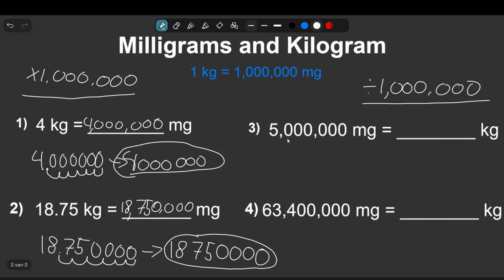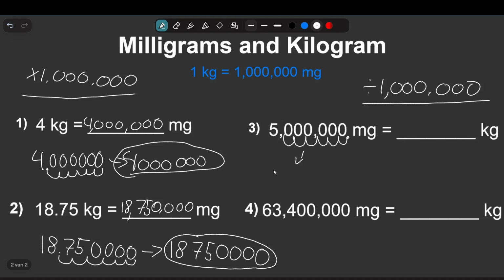So again, this is exactly the same as multiplication, but we're changing the decimal to the other side. In this case, the decimal is right here. And now we have to move this decimal 6 times to the left. So we're going to do 1, 2, 3, 4, 5, 6.